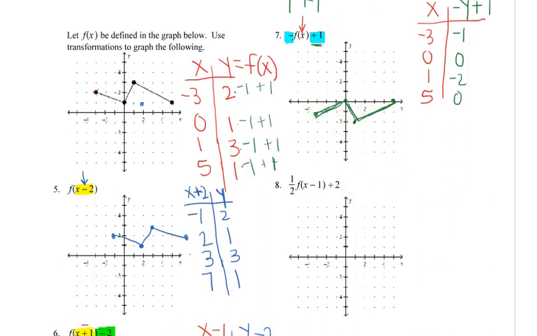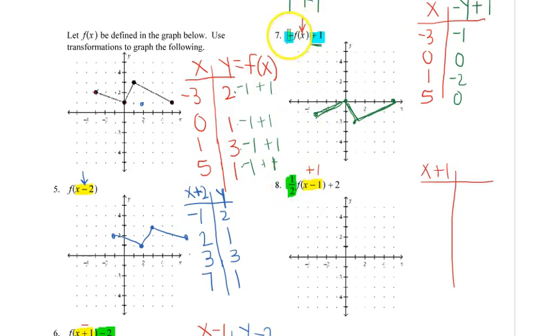Last one. We have every single transformation going on. We have the inside, x minus 1, which is going to mean that we're going to be adding 1 because it's the opposite operation to our x's. So x plus 1. And then we have the 1/2 in front.